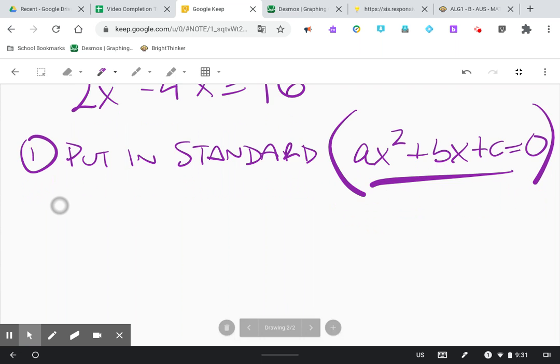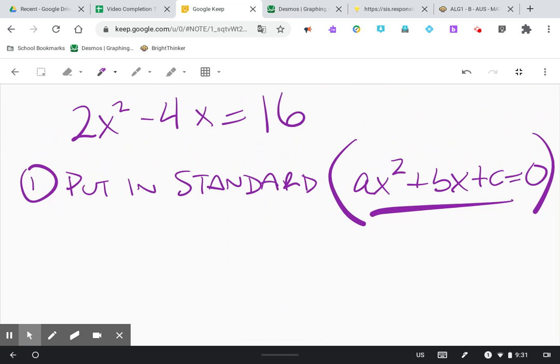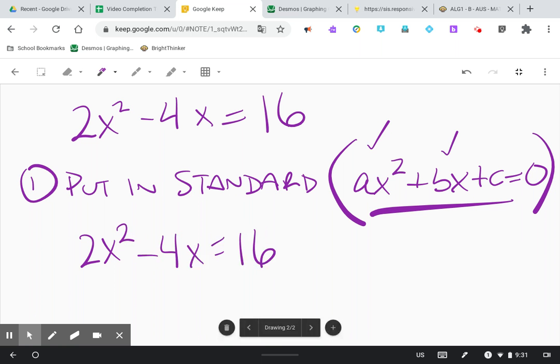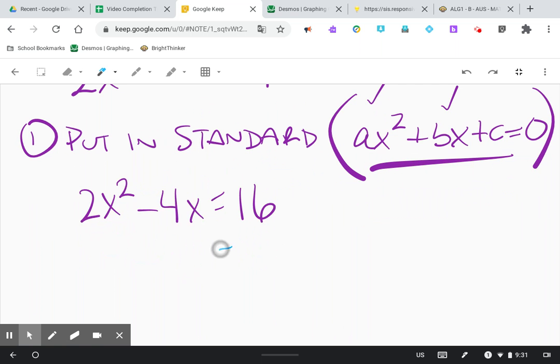So here's how this one works. Let's rewrite our equation: 2x squared minus 4x equals 16. And we see that the ax squared and bx are already over here, so we don't need to do anything with those, but we do need to move this 16 over. And remember, in algebra, when we want to move something, we do the opposite.